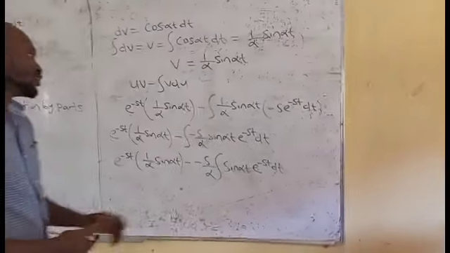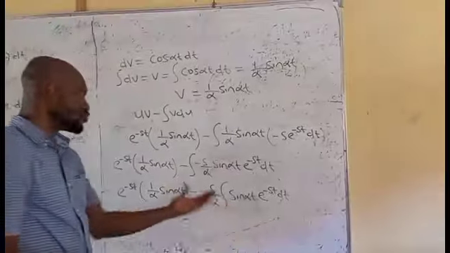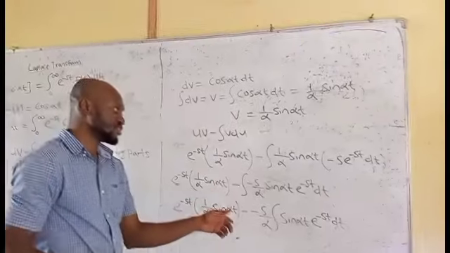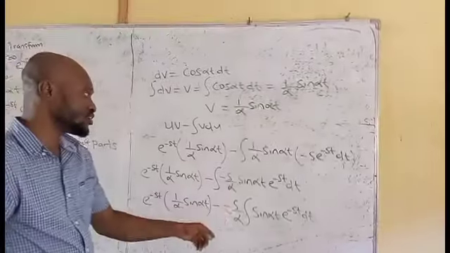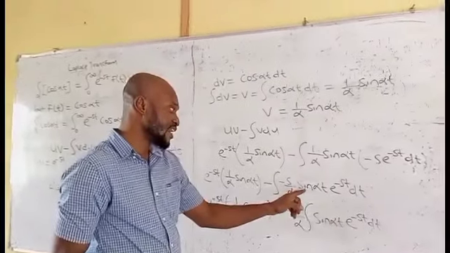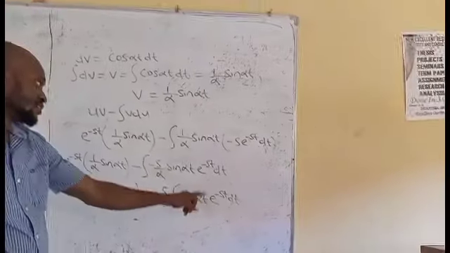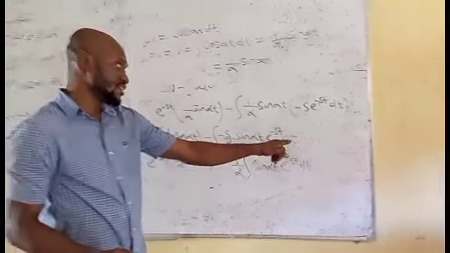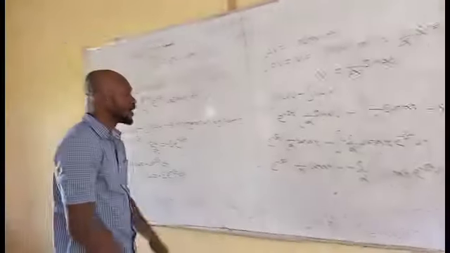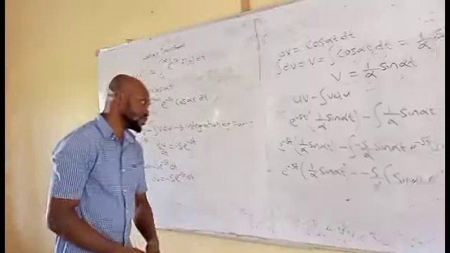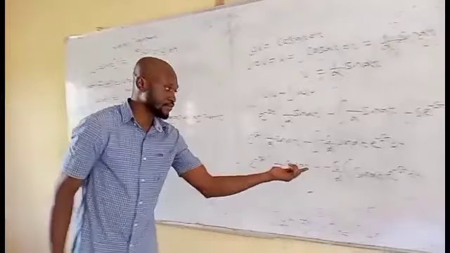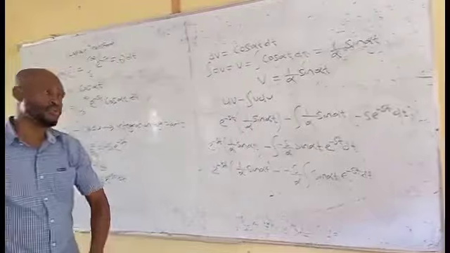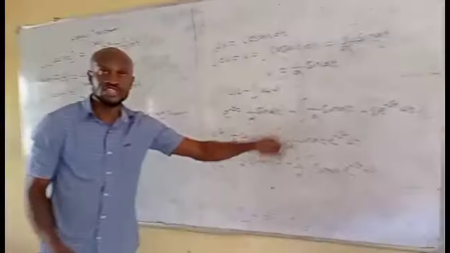Understand? So this is your constant. You take it out from the integration sign. So you have the integral of sine alpha t multiplied by exponential minus st dt. So now we have this equation. We know that minus times minus will give you a plus.